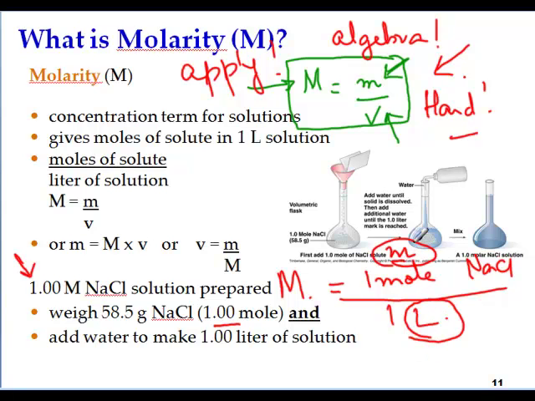So even if you're given grams in a problem like this, you have to convert 58 grams to a mole of solution, and the total solution has to be in liters. So this is where we'll apply what we learned a chapter or two back, when we learned how to convert moles to grams and grams to moles.